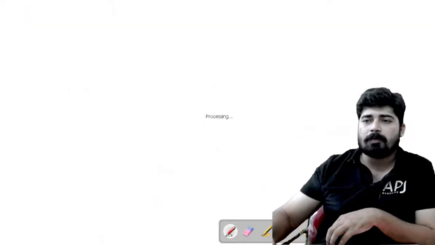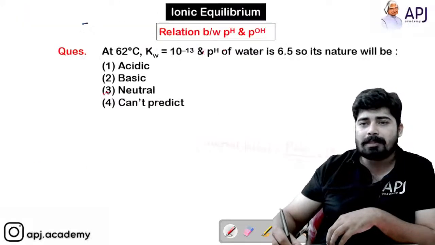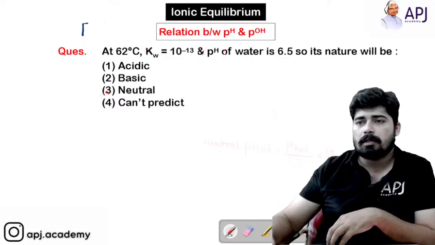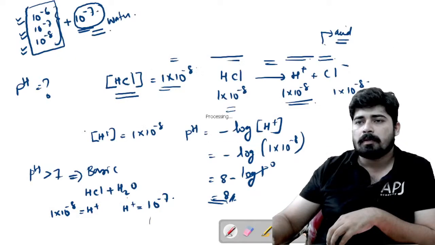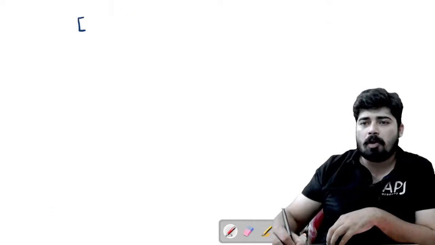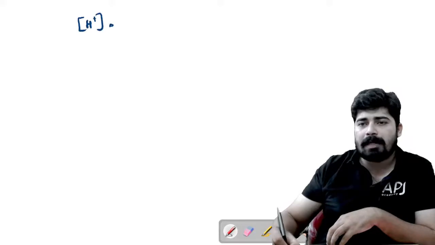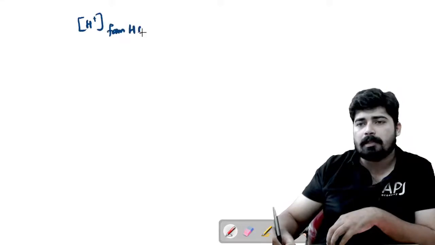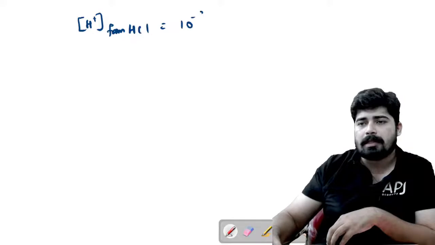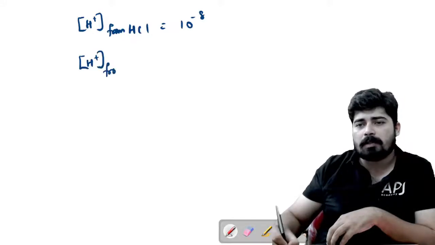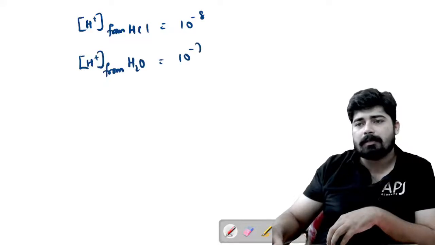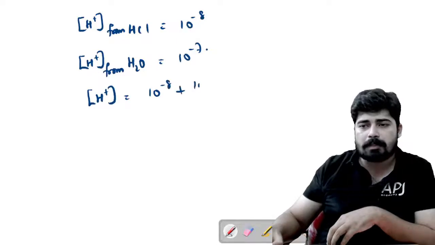The concentration of H plus ion from HCl is 10 raised to minus 8, and the concentration of H plus ion from water is 10 raised to minus 7. So the total concentration of H plus ion is equal to 10 raised to minus 8 plus 10 raised to minus 7.